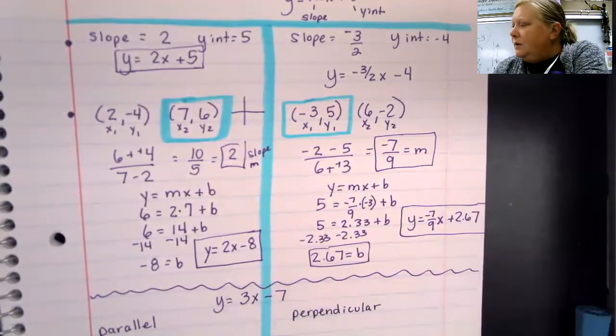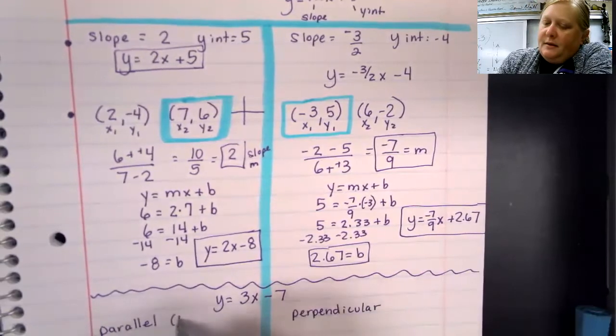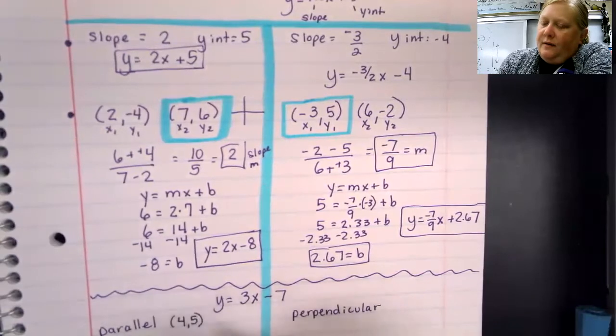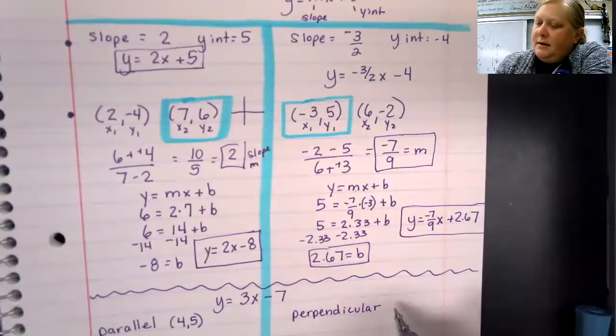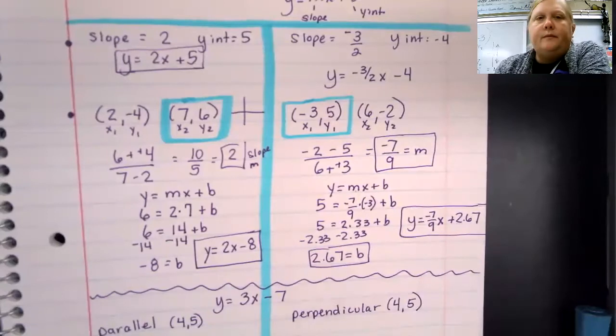And it goes through the point 4, 5. I'm going to keep this one as 4, 5. Why not? Okay, we'll see if that works out.